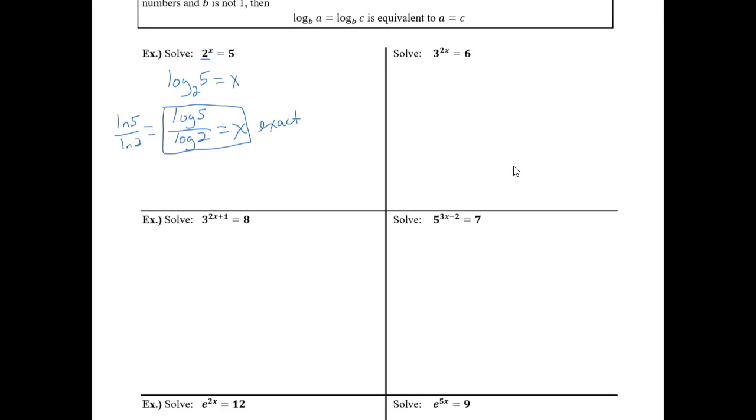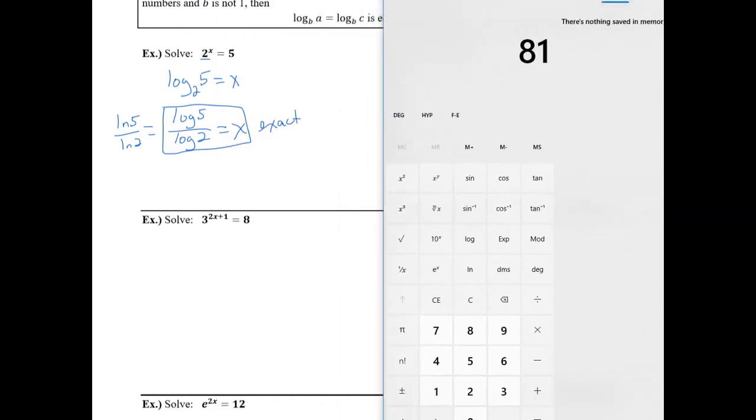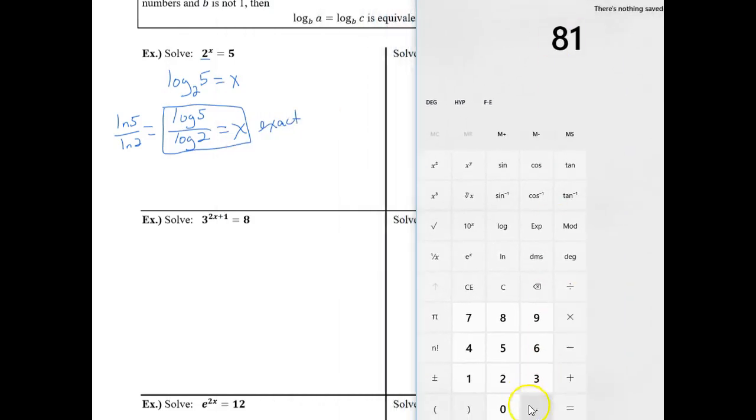That's the same thing. But if you're asked to approximate it, we're going to go ahead and type that in our calculator. So I'm going to clear this out and type in 5, take the log of that, divided by 2, take the log of that.